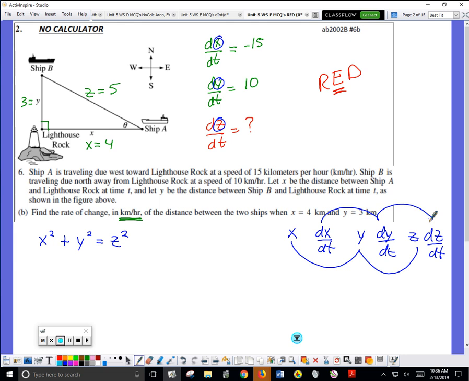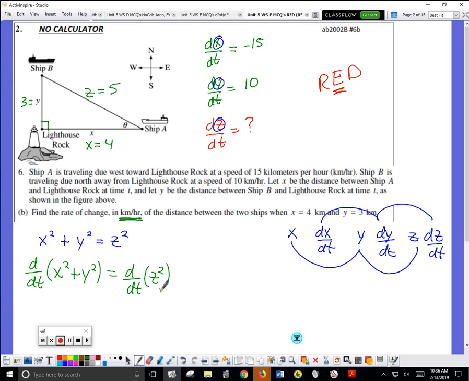So what we do now, we have an equation, right? We take the derivative of both sides of the equation, just like we did on the last one. So d/dt of x squared plus y squared is equal to d/dt of z squared. If I put d/dx, that's wrong, because it's with respect to time.